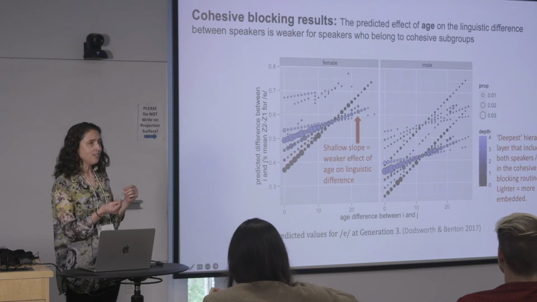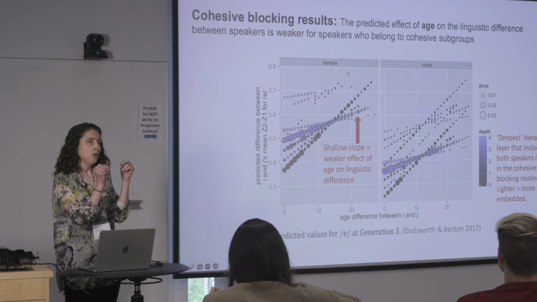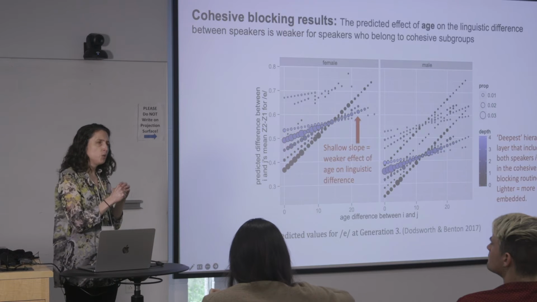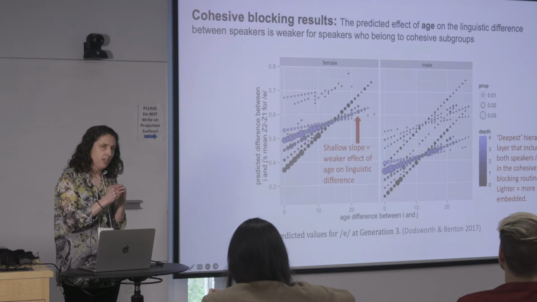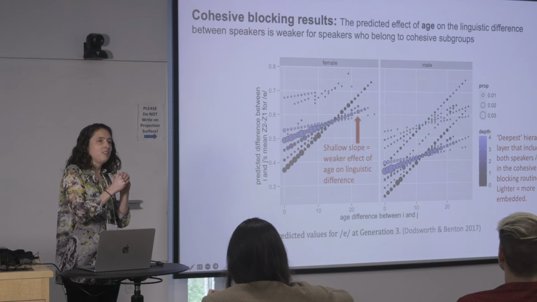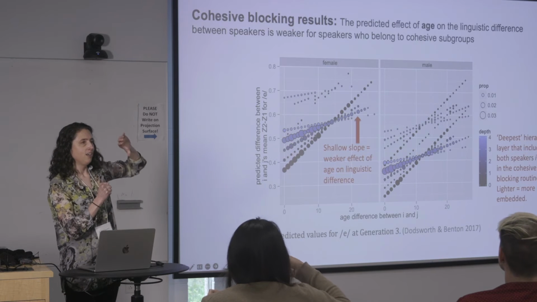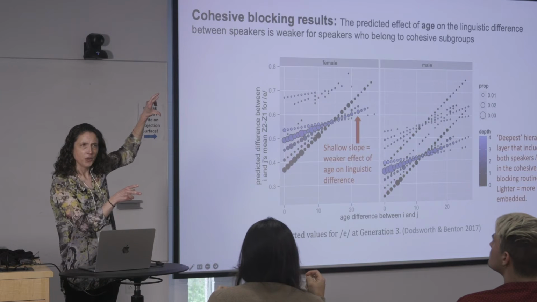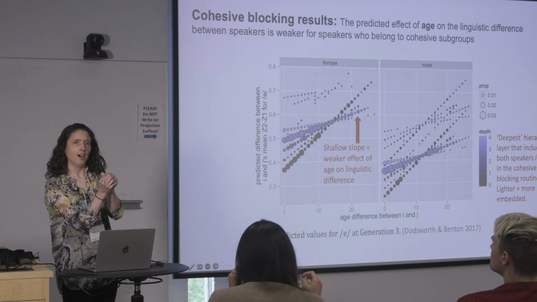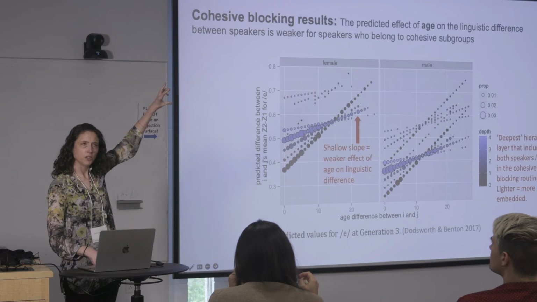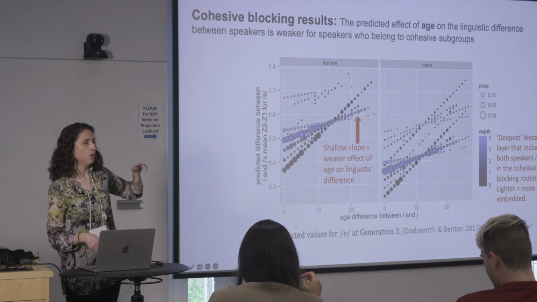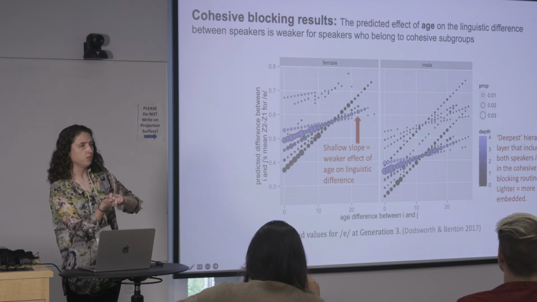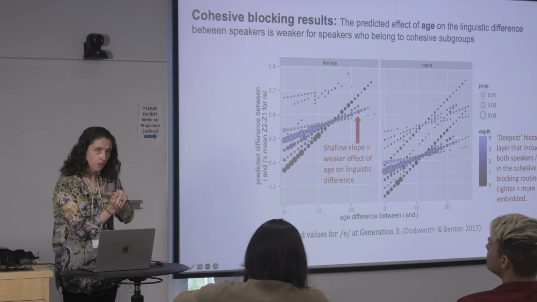Well, it means that if you get two speakers, both from that older central part of Raleigh, they're going to be more linguistically alike than two speakers who are in different parts of the network, right? So an older speaker in central Raleigh and a younger speaker in far-flung North Raleigh are going to be really linguistically different in a way that two speakers of different ages in central Raleigh are not, okay?